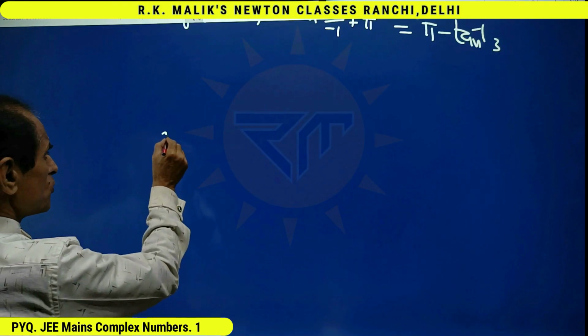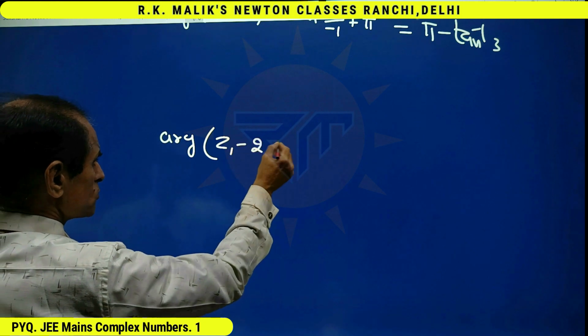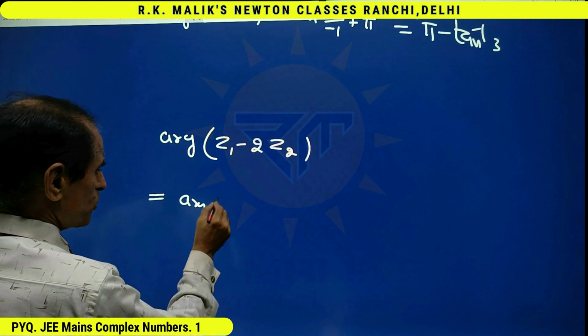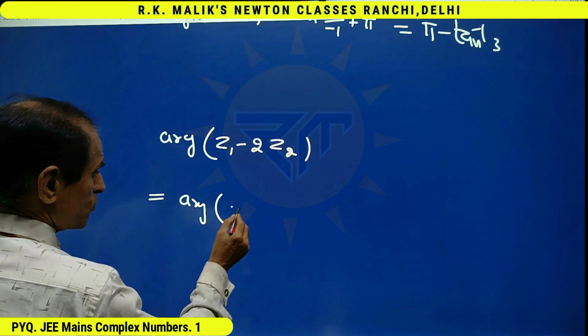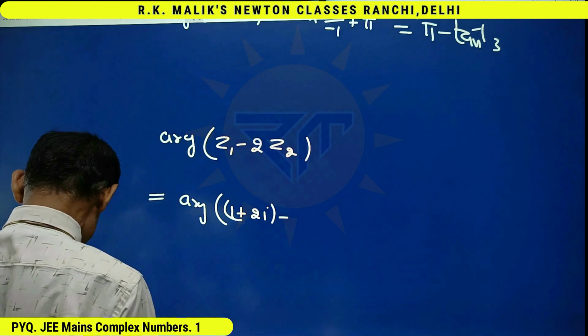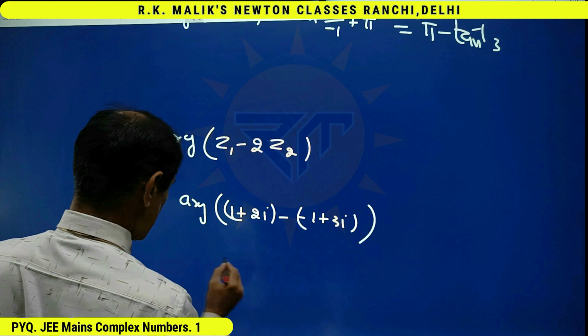Now we have to find the value of argument of Z1 minus 2Z2. That is argument of 1 plus 2i minus 2 into minus 1 plus 3i.